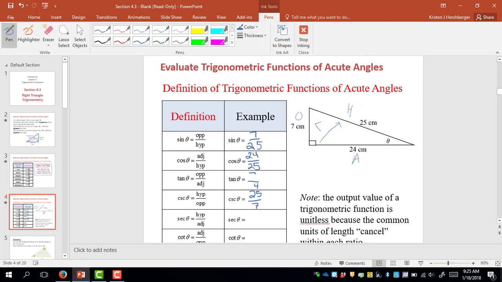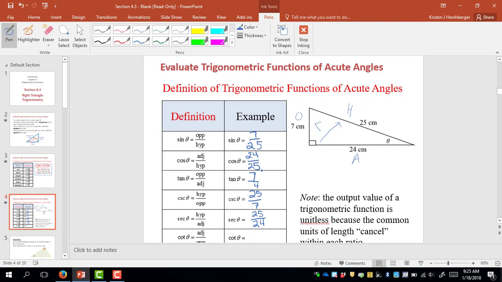And notice that is the reciprocal of sine, 7 over 25. Secant is the reciprocal of cosine, so we should end up with 25 over 24 since cosine is 24 over 25. But just to check, hypotenuse is 25 over the adjacent is 24, and we did.